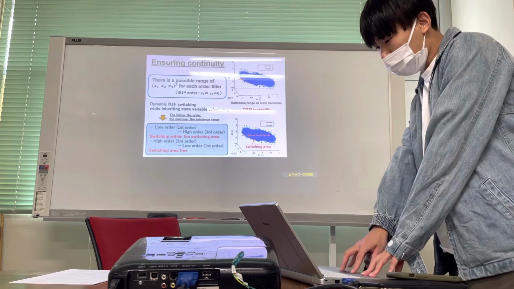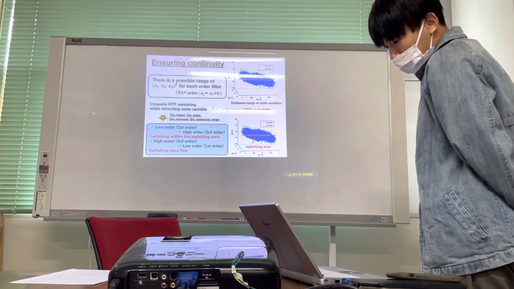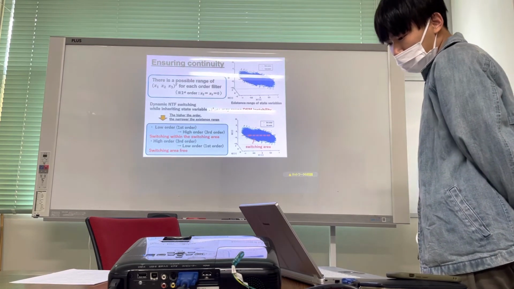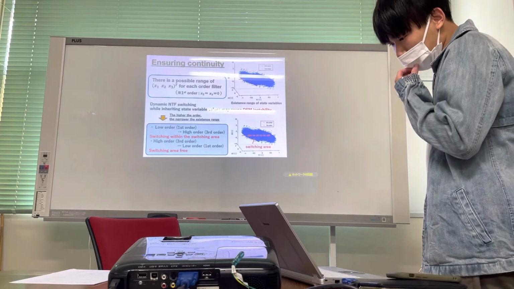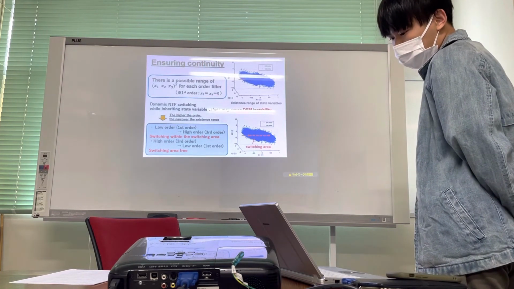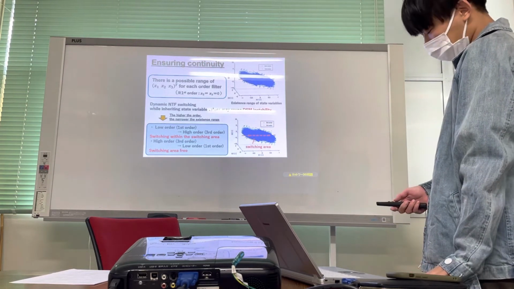In this work, we have set the switching area. When switching from the first to the third order, the filter switches after the state variable x1 enters the switching area. Doing so ensures stability.